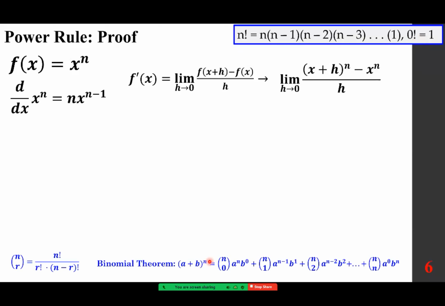A plus b to the power of n is the combination n choose 0, a to the power of n, b to the power of 0, plus the combination n choose 1, a to the power of n minus 1, b to the power of 1, all the way to the n. Now, this is the formula for the combination. Again, just to remind you, n choose r is n factorial over r factorial times n minus r factorial.